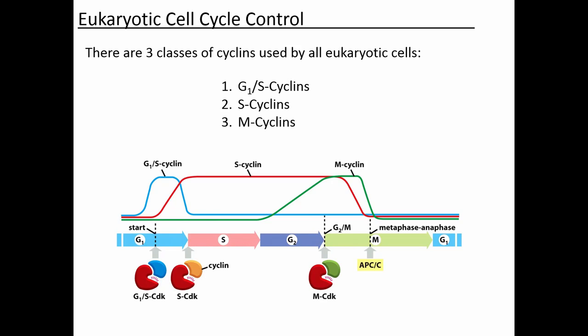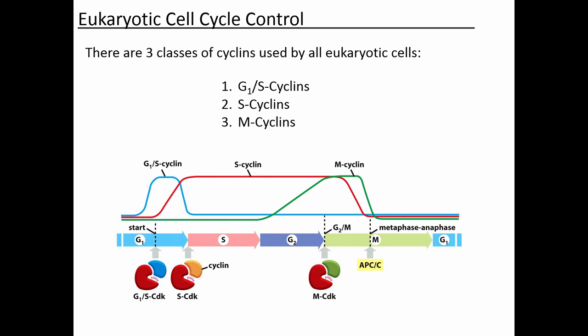And what they're showing you here is when the cyclins are synthesized and destroyed. Again, you don't need to know this detail, but you can see that right here is when the G1S cyclin becomes synthesized and will be present. It'll bind the cyclin-dependent kinase and activate it. Then right around this point in the cell cycle, that cyclin gets degraded, and then the cyclin-dependent kinase will no longer have the cyclin bound to it and will be inactive.